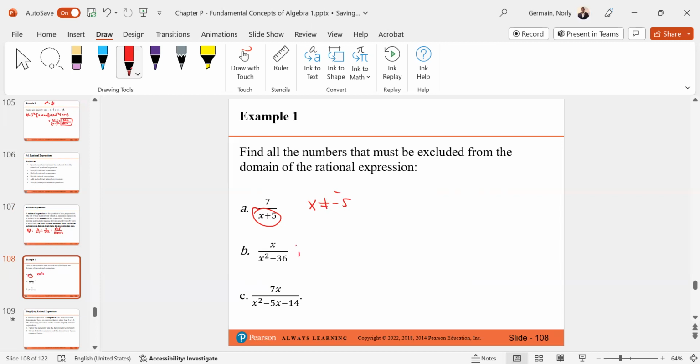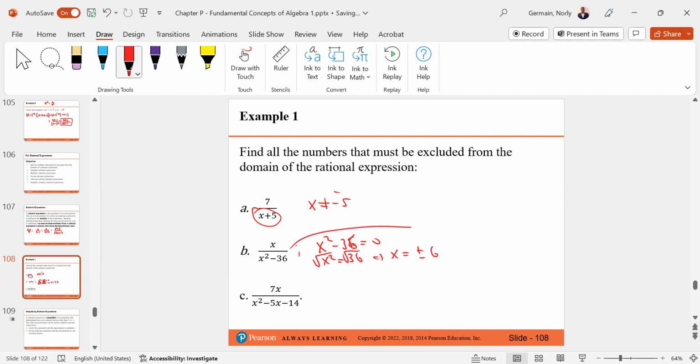How about b? As I said, first of all, you set the denominator equal to zero, then you solve. So x squared would be 36. If you take the square root of both sides, what would x be? Plus and minus 6.